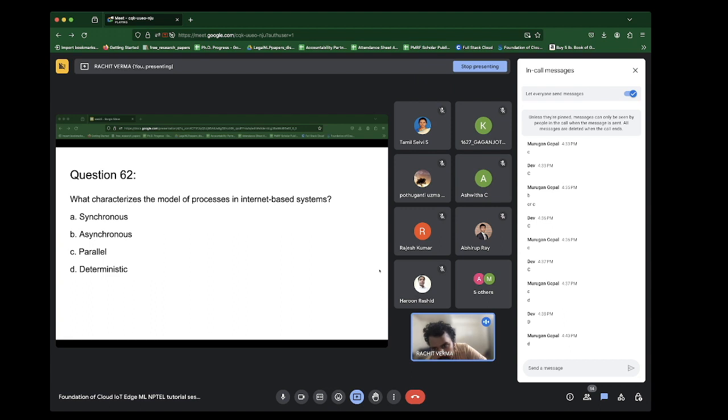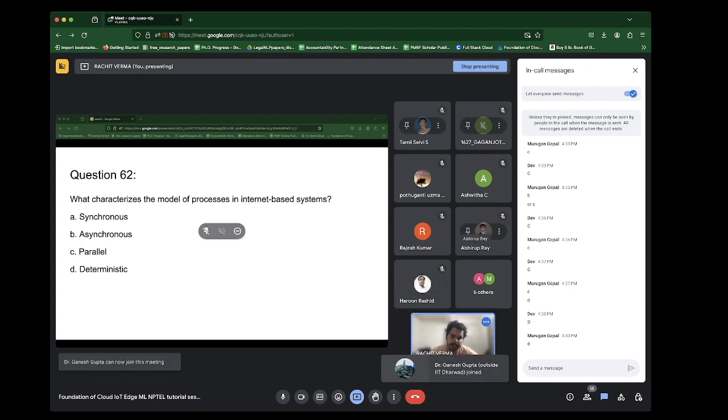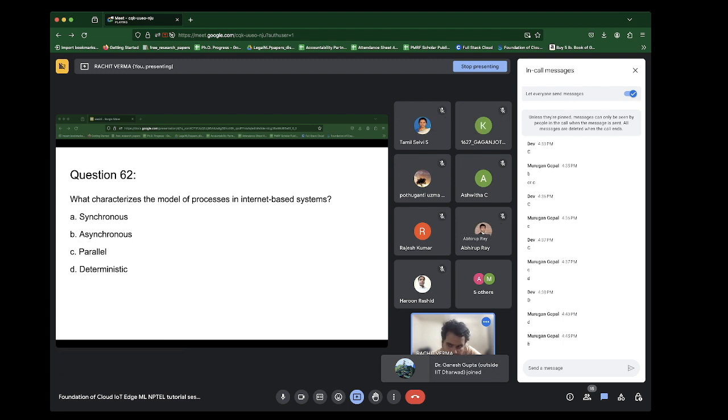So, what characterizes the model of processes in internet-based systems? Is it synchronous, asynchronous, parallel, deterministic? Okay, so it's asynchronous. Yes, that is the correct answer because in internet-based systems, you could have one device in one country, another device in another country.